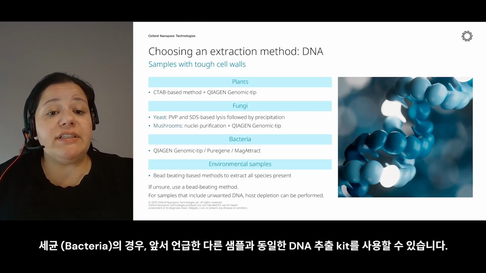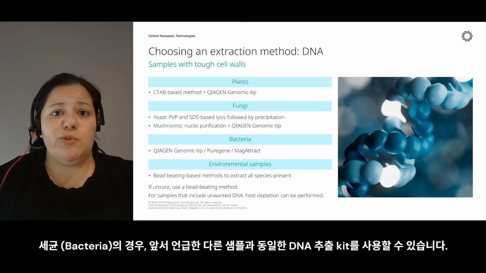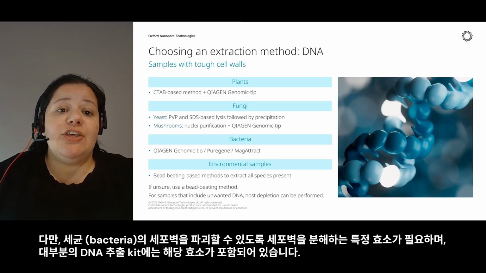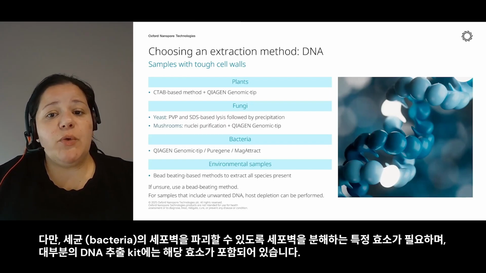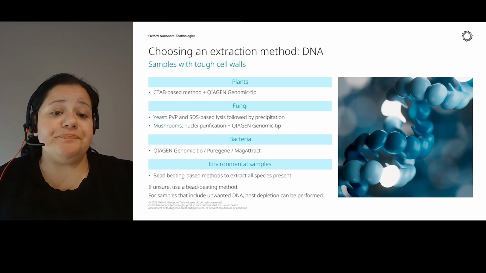Then for bacteria, the kits that you can use are pretty much the same as you would use with the samples we discussed on the previous slide. The difference is that you need to use a specific enzyme. So these kits tend to have the enzymes incorporated to make sure that you can break the bacterial cell walls.